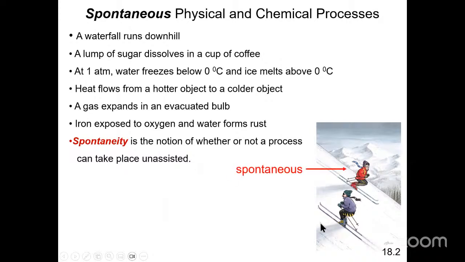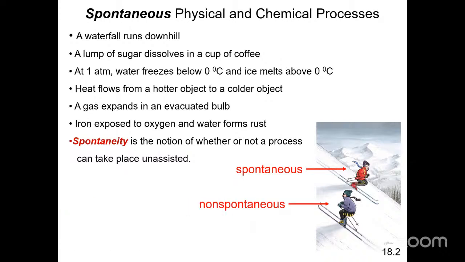The picture at the bottom right of this page is an illustration of that. The skier going down the slope doesn't have to do anything to go down the slope, so that's a spontaneous process. But the skier moving up the hill, that will be a non-spontaneous process.